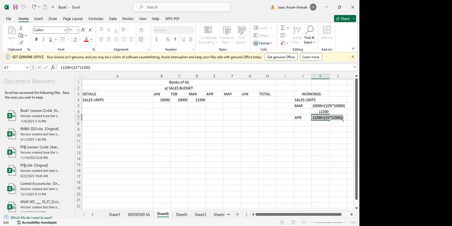Let's see if that's true. Excel will do a very simple job for us. So 13,225. I think I didn't put the percentage sign here.